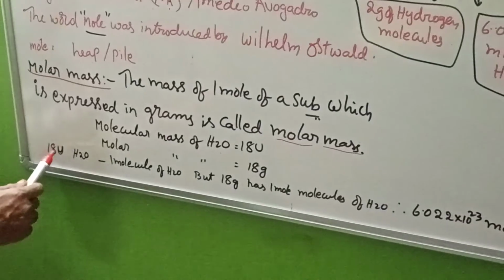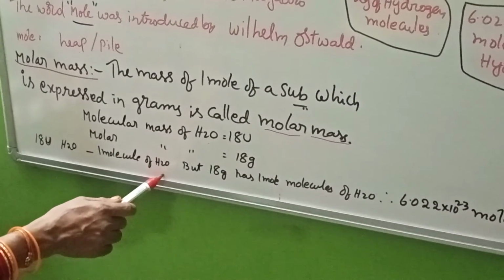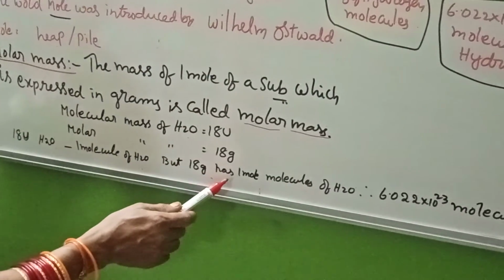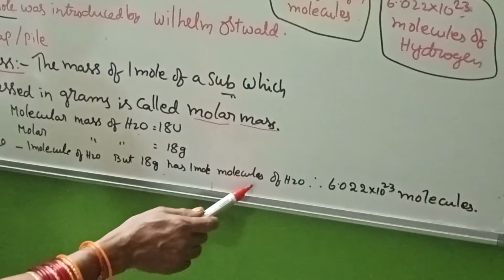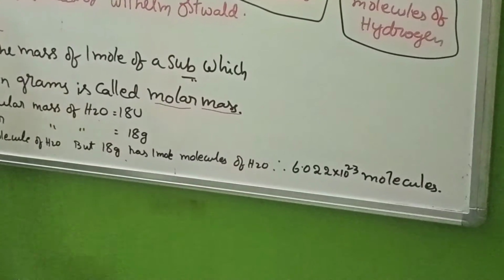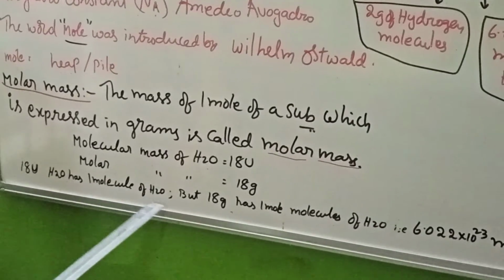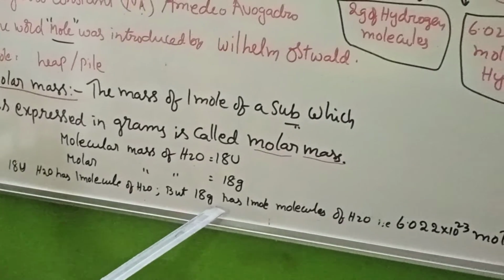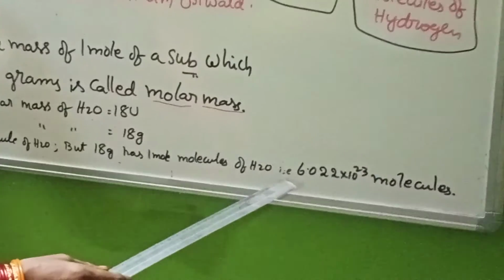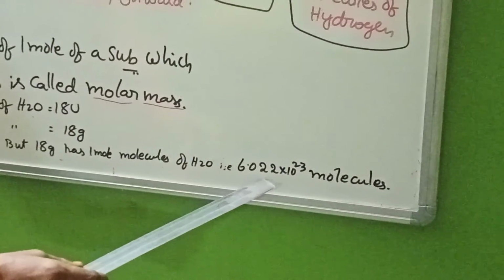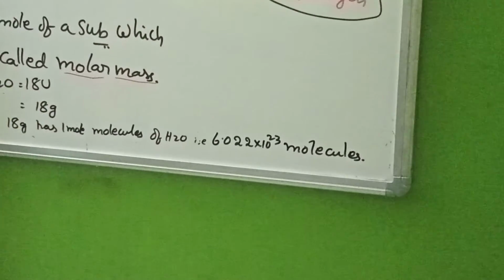Here 18 units of water is equivalent to 1 molecule of water, but 18 grams has 1 mole of water molecules. So that is 6.022 into 10 to the power 23 molecules present in it.